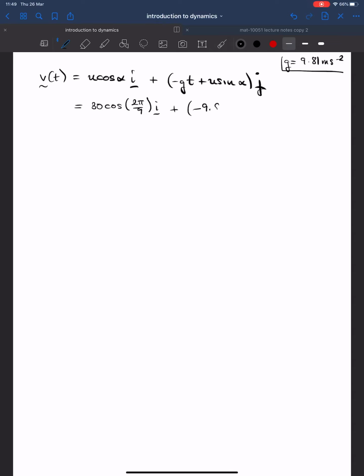So 9.81 times, now, don't forget 2, because that's t equals 2. That's another important point. We want the velocity first, and then we can work out the rest. Plus 30 sine of 2 pi divided by 9.